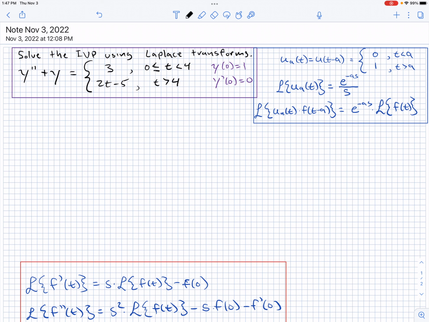So let's get started. First, we will need to rewrite this differential equation without the piecewise function. So we'll be multiplying each piece of the function by a step function to mimic the interval from 0 to 4 and t greater than 4. So we're starting with 3.